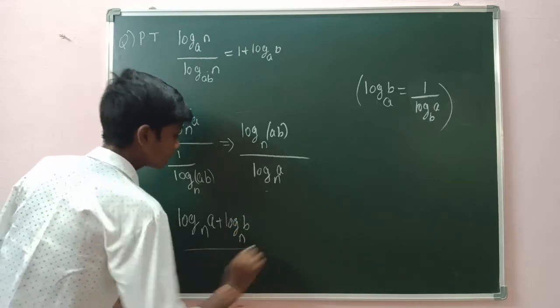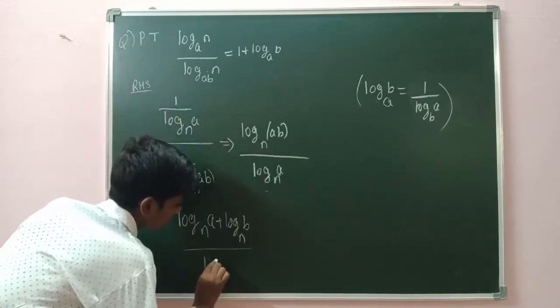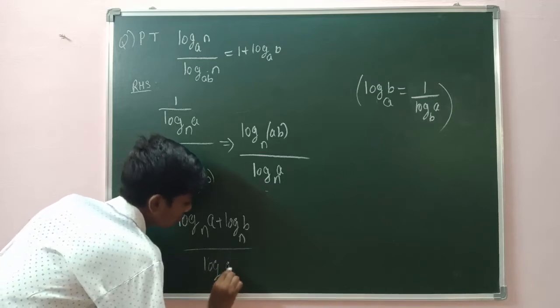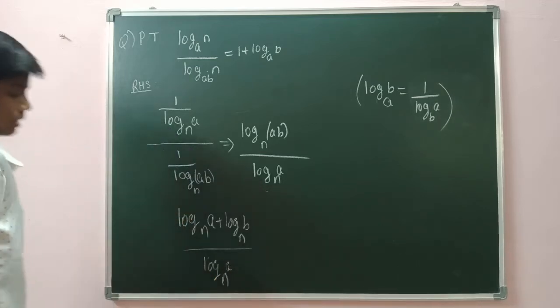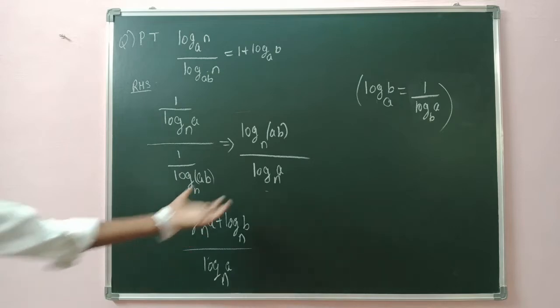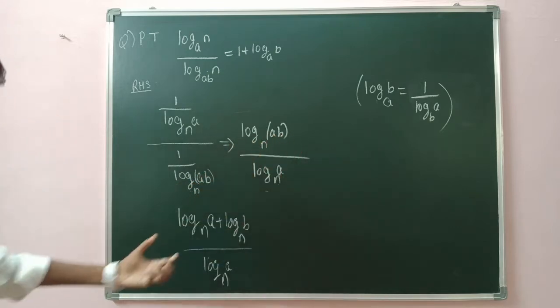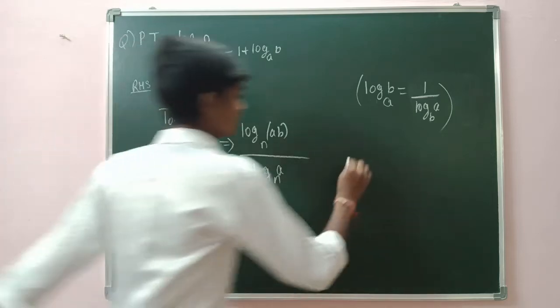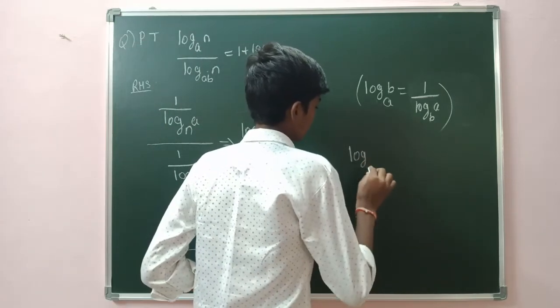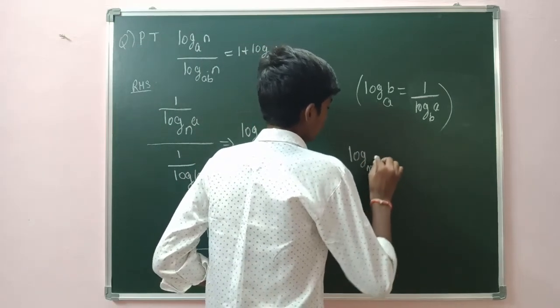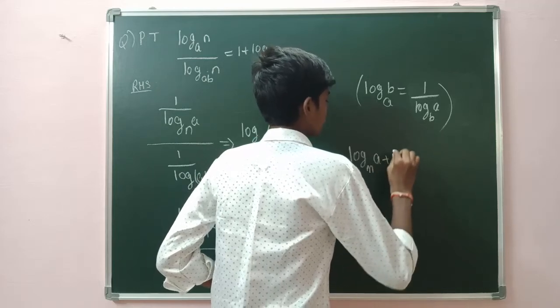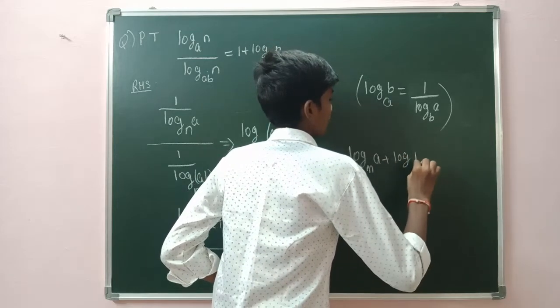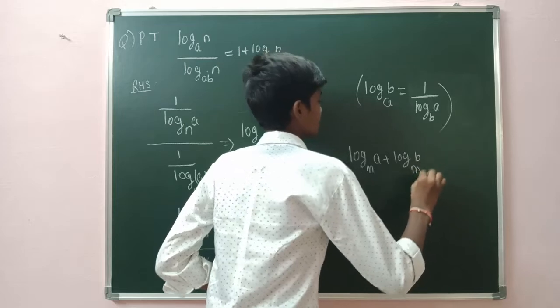How I am writing this is very simple. The same way, we know that log of a to the base m plus log of b to the base m, the base is the same.